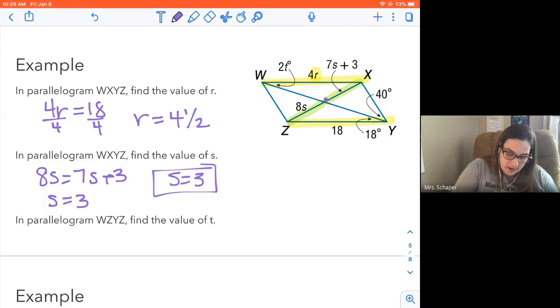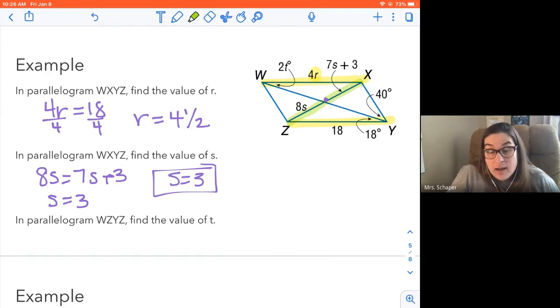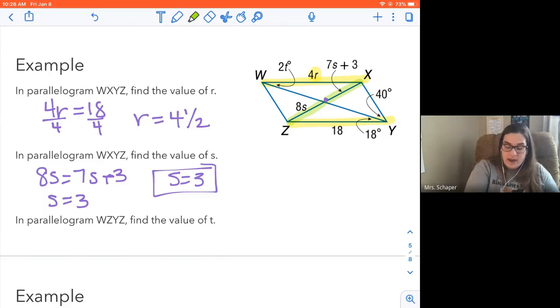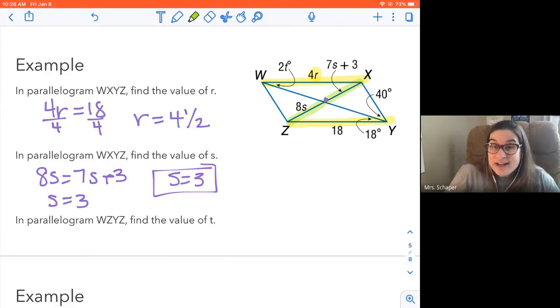All right, in parallelogram WXYZ, find the value of T. Okay, so we have a parallelogram. We know that WX and ZY are parallel. So we have a diagonal. All right, and so we can use alternate interior angles.